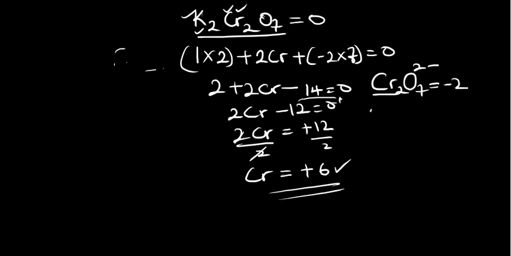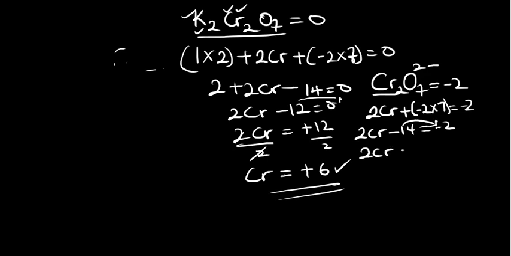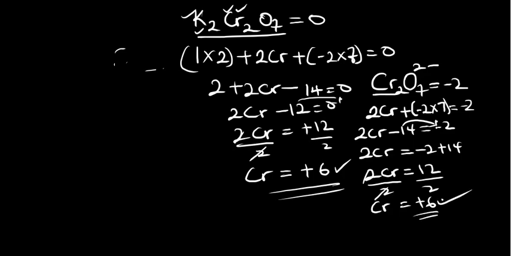So it will be 2Cr plus the oxidation number of oxygen, -2 times 7, that's -14, equals -2. Bringing the -14 over, we have 2Cr = -2 + 14, so 2Cr = 12. Divide both sides by 2, so Cr is +6. Hope you understand. That's how to do it.